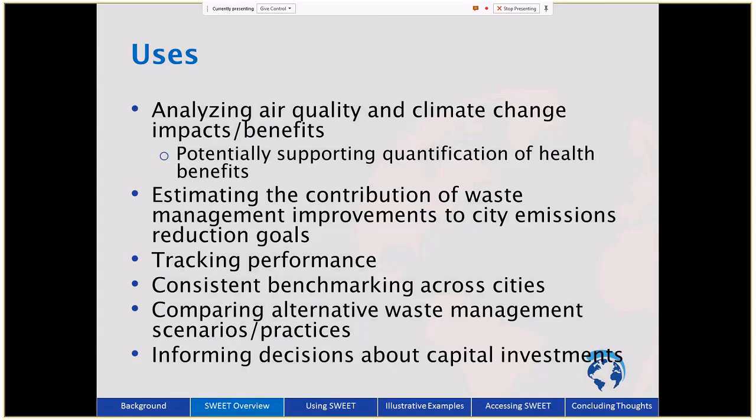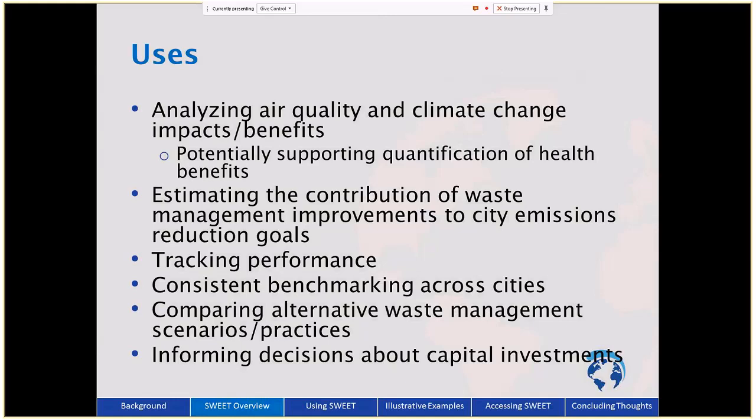And by enabling users to understand the impacts on air quality, we're also moving a step towards potentially enabling the quantification of health benefits from improvements to waste management. This is something that the Waste Initiative has been thinking about for a while, and several of the partners involved in the Waste Initiative have been exploring opportunities to link waste management improvements to health benefits.